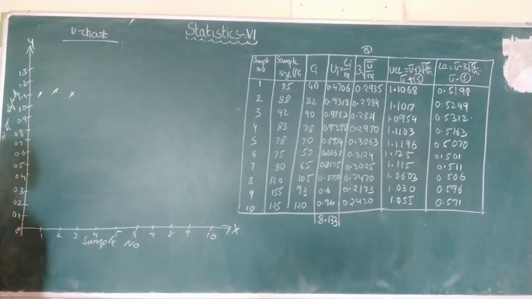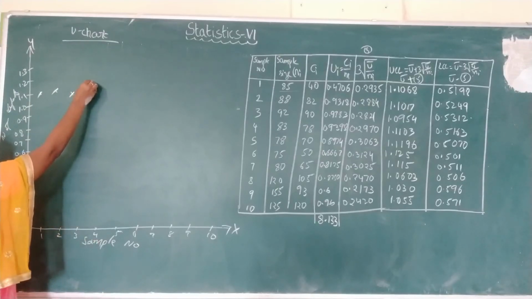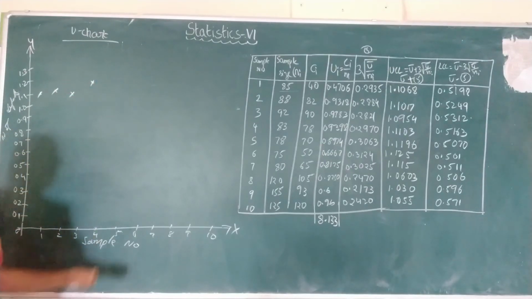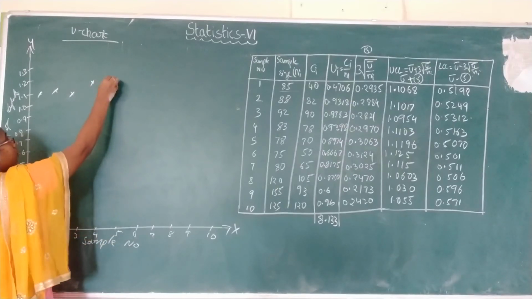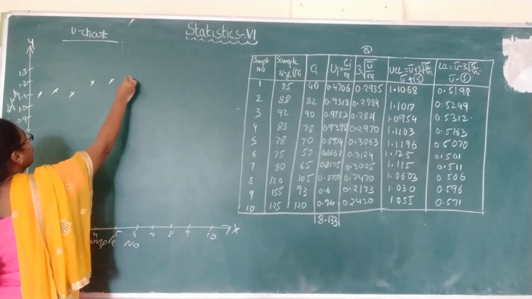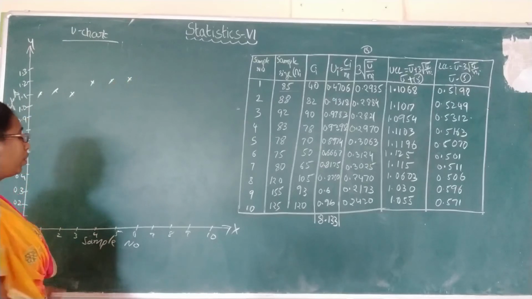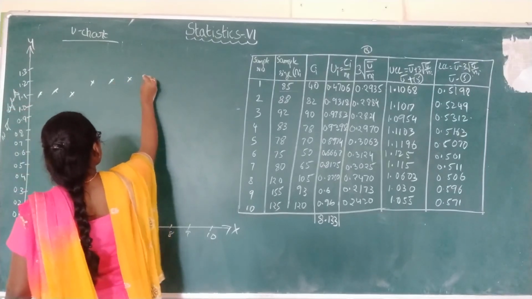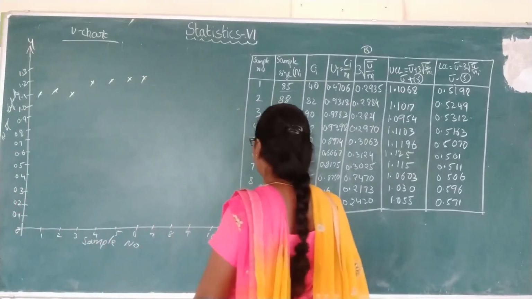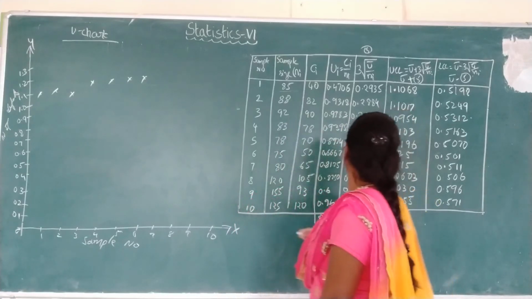Similarly, next one is 1.11. Next, for fifth sample also same. Sixth sample also same. Seventh sample 1.12, just a bit above to this. Next, eighth sample is also 1.11 only.